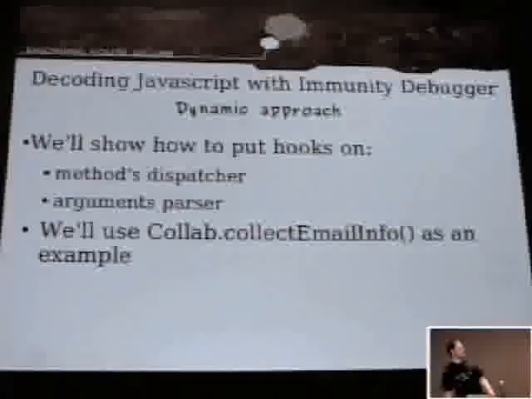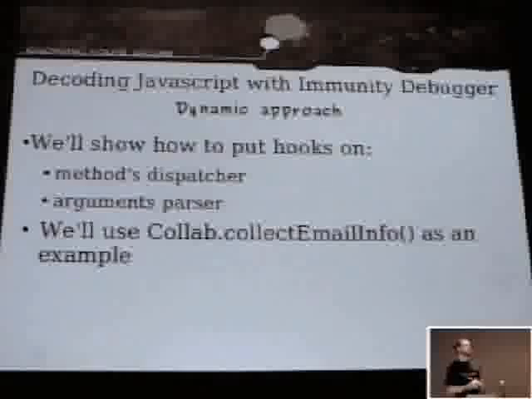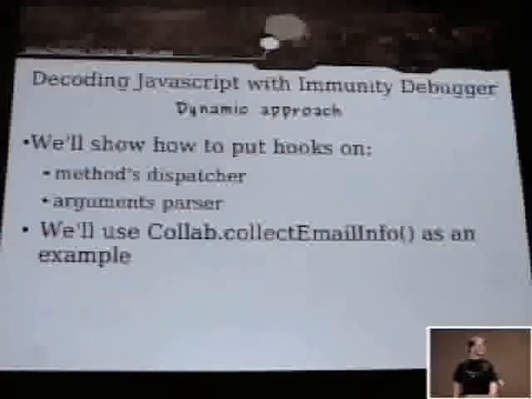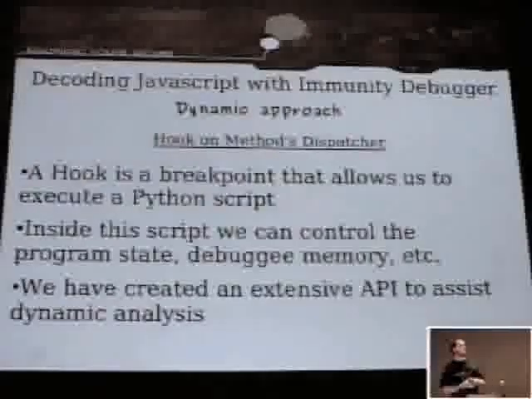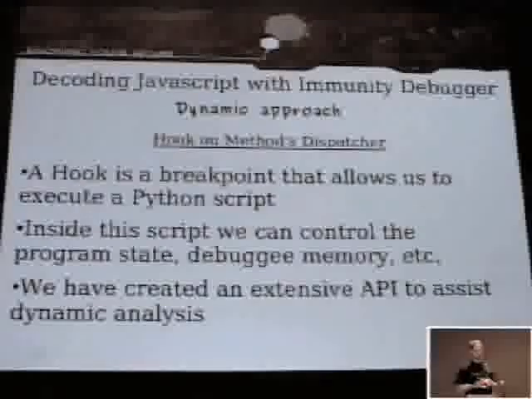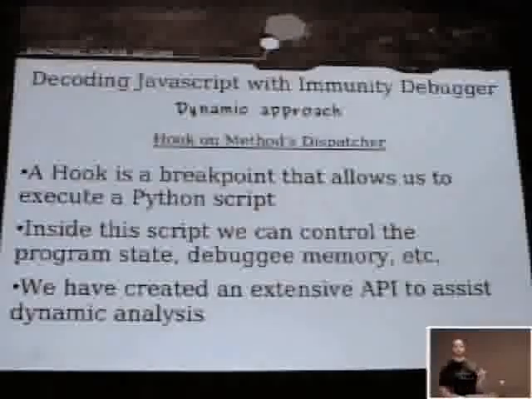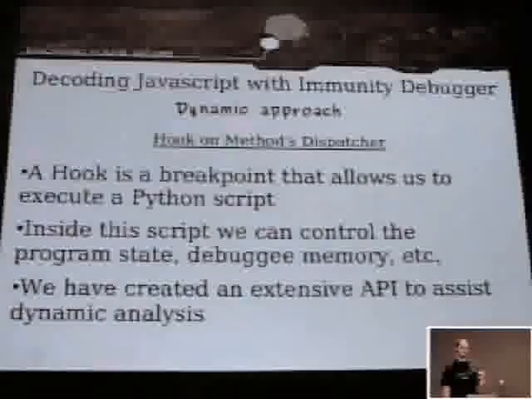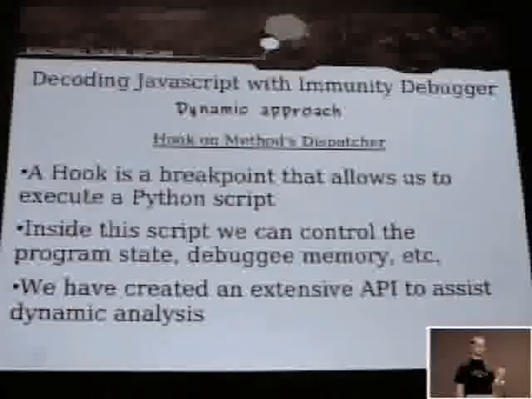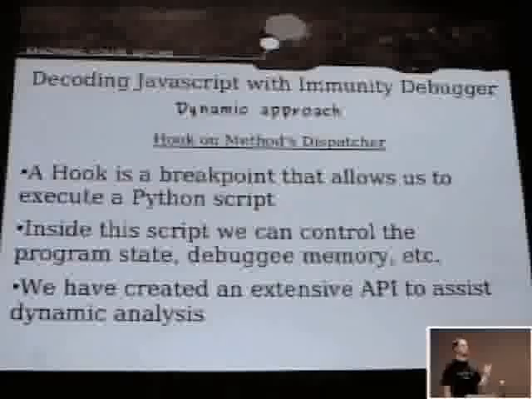And in the dynamic approach, we put some hooks on the method dispatcher and the argument parser. Here, a hook is a breakpoint that allows us to execute a Python script. Inside this Python script, we can control everything of the program state. We can read the register state, we can change the memory, whatever we need to do, using Python.